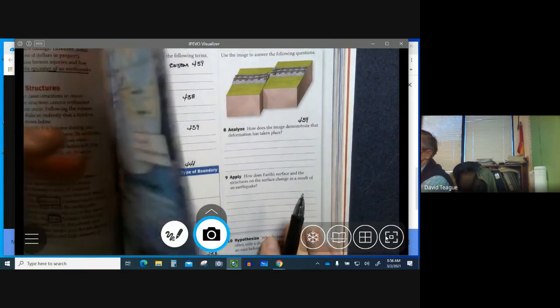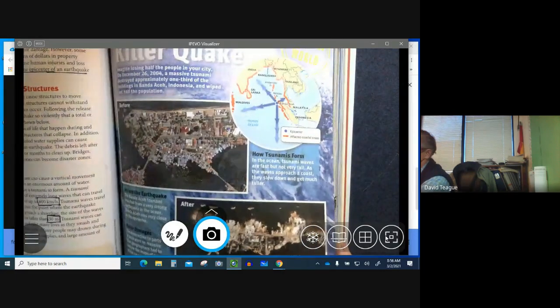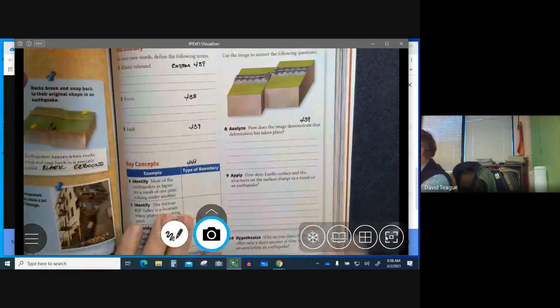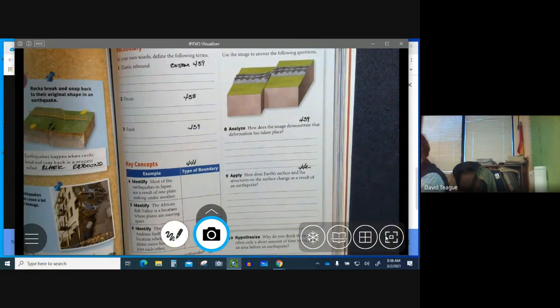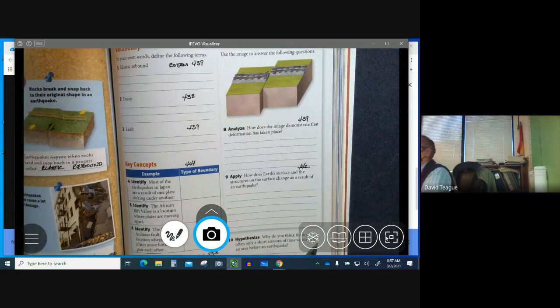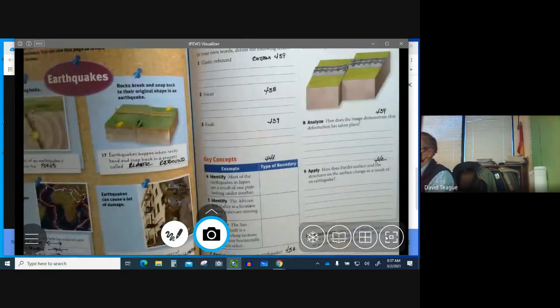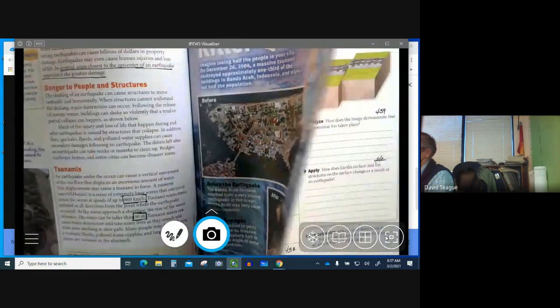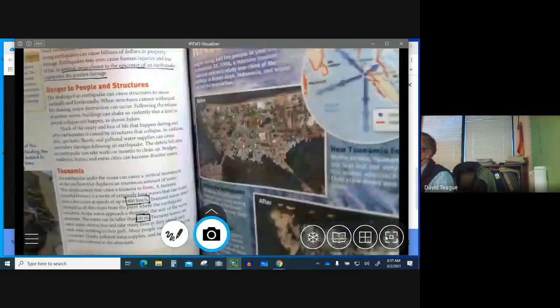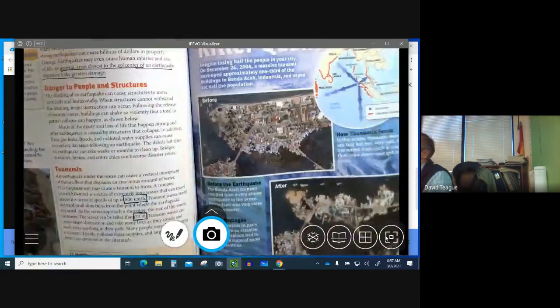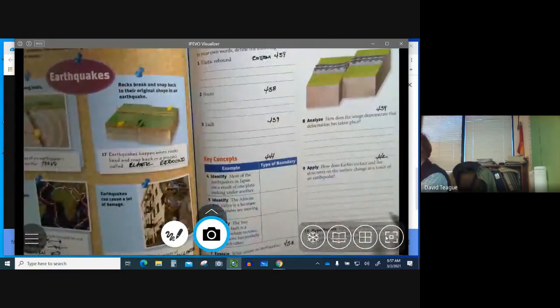Take your information; I would say probably page 442 would help you with that. And number 10, hypothesize: why do you think there is often only a short amount of time to evacuate an area before an earthquake? Probably page 442 again.